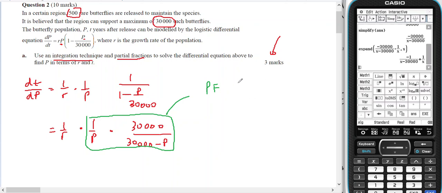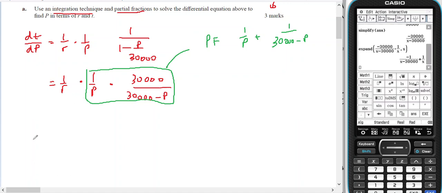That equals 1 on P plus 1 on 30,000 minus P. So my T should equal the integral 1 on R, 1 on P, plus 1 on 30,000 minus P dP.